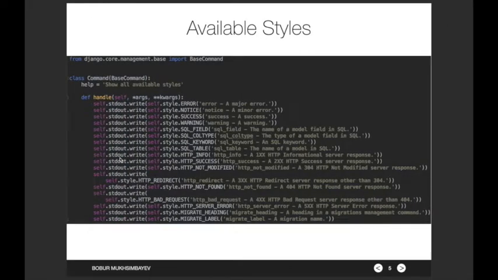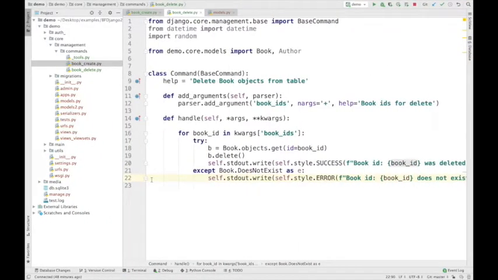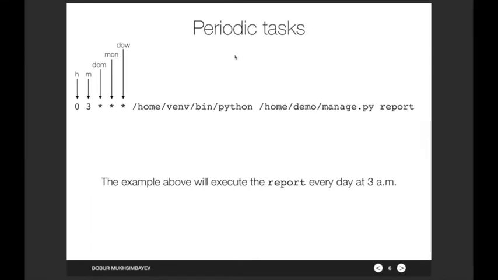So like this, you can have several types of styles in your management command. So the first usage of these commands is for creating and manipulating data in our database, and the second one is, as we said before, for periodic tasks.